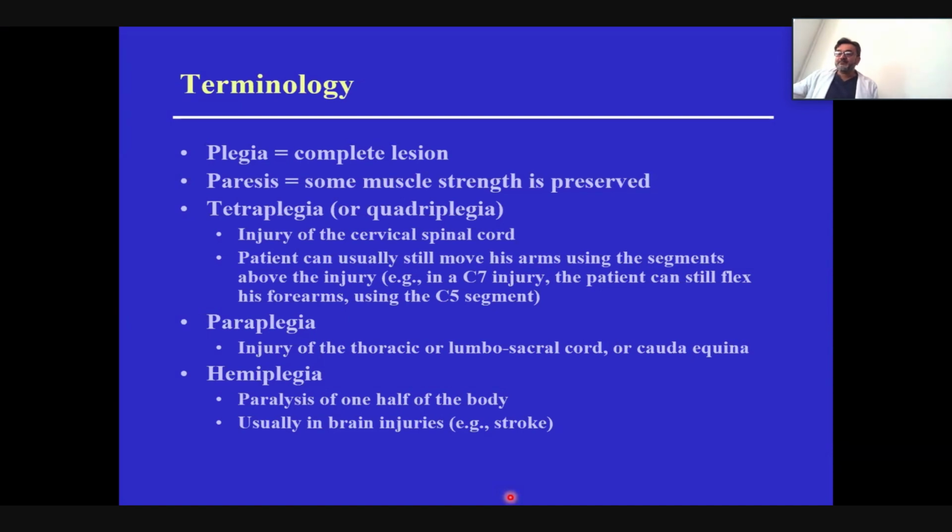Hemiplegia means paralysis of one half of the body, and usually these are lesions above the spinal cord level, in the brainstem or in the cerebrum. So when you see the complete half side of the body paralyzed, you start to think, especially if it is involving the head and neck region also, then it is in the cerebrum.